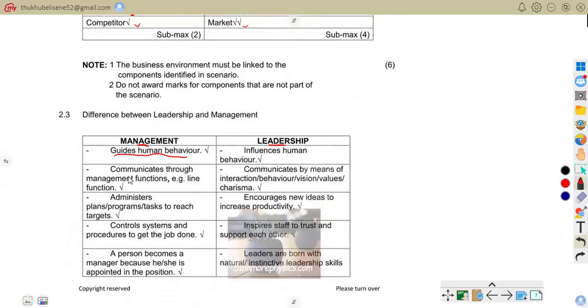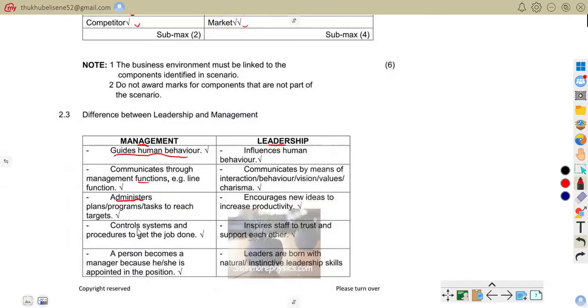Also, management communicates through management functions, for example line functions. They communicate through management functions like planning, organizing, leading, and controlling. They prepare a production schedule and allocate tasks.